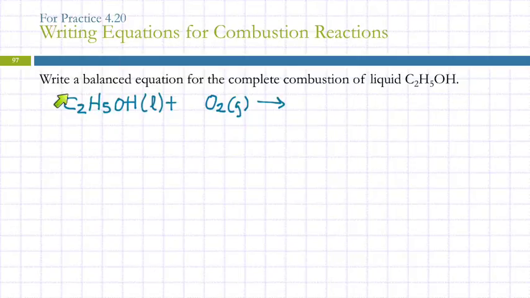When the thing that's burning contains only carbon, hydrogen, and oxygen, or just carbon and hydrogen, the products are always the same. CO2 and water. So I shouldn't need to tell you what the products are. You should remember, oh, that's a hydrocarbon burning, I'm going to get CO2, and I'm going to get water.